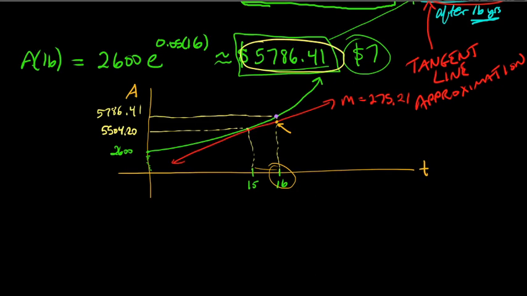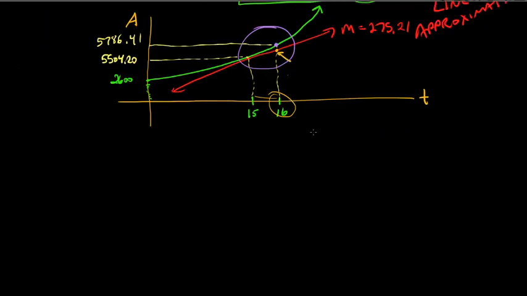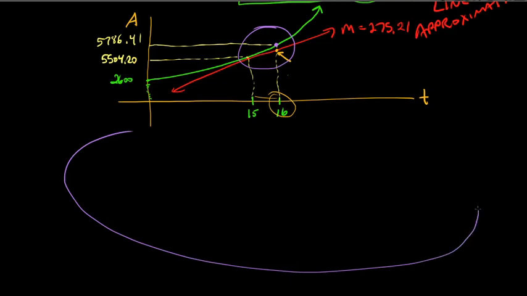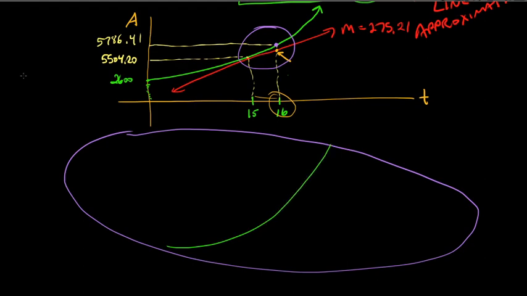Okay. So here's what I'm going to do. I'm going to zoom out here a little bit. I'm going to take this picture, blow it up, make it a lot bigger, and then you'll see what's going on here. When you blow this picture up, you get this curve, and you get the tangent line right here. Again, I'm a little sloppy here. Let's say this is what you get for the tangent line approximation.